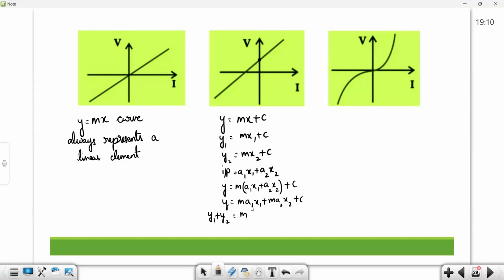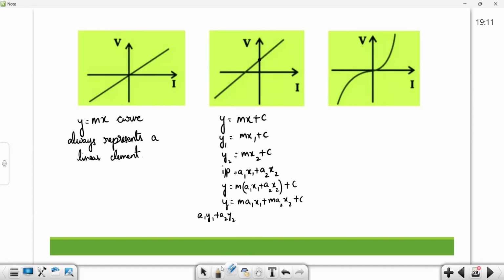y1 plus y2 will be m into a1 y1 plus a2 y2. Now in place of x1 you have to multiply with a1. Then what will be the answer?